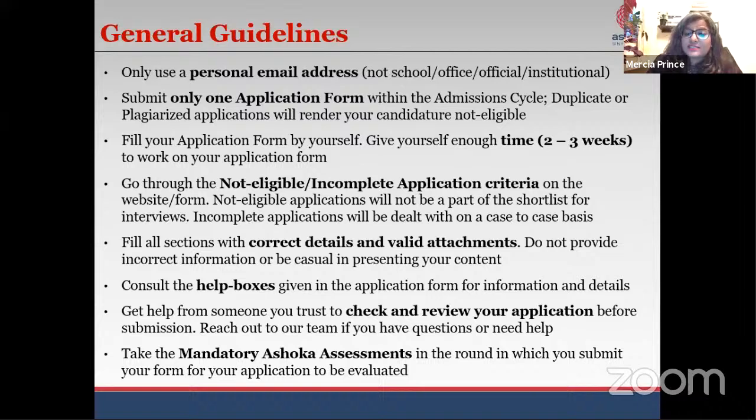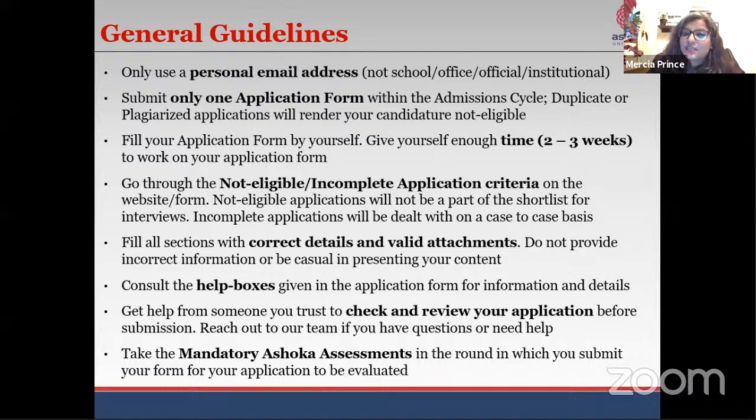But our request is that as you register and as you start your application form, that you only use a personal email ID. So please don't use a school or an official or an institutional or a parent or guardian's office email ID, something that can expire. We want something that you can have for the course of your 3 to 4 years of university or undergraduate life.